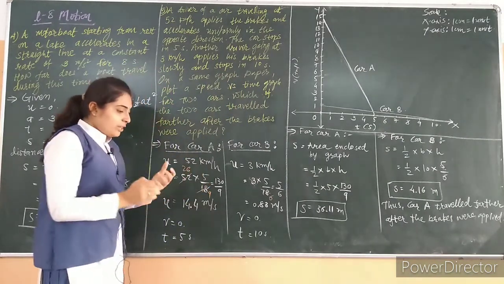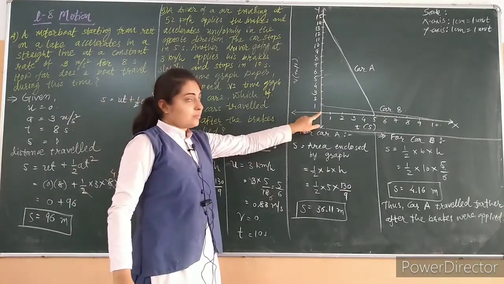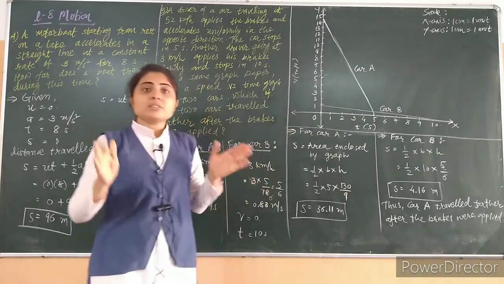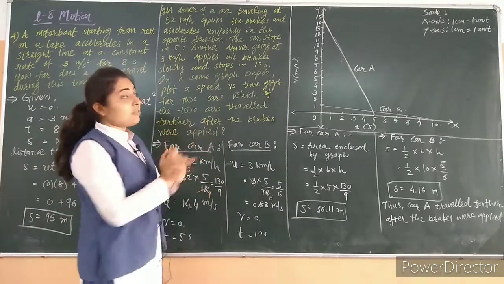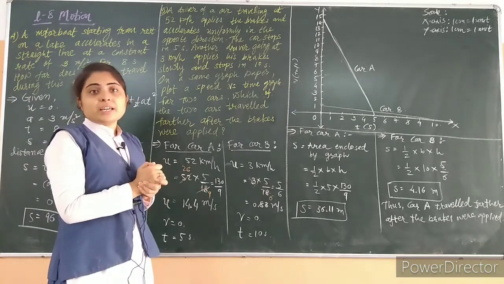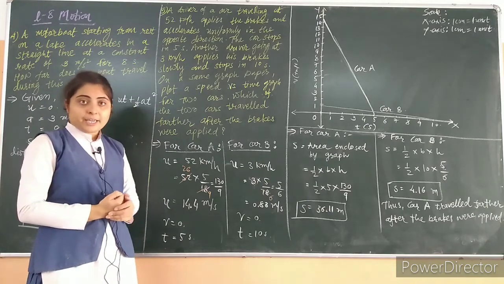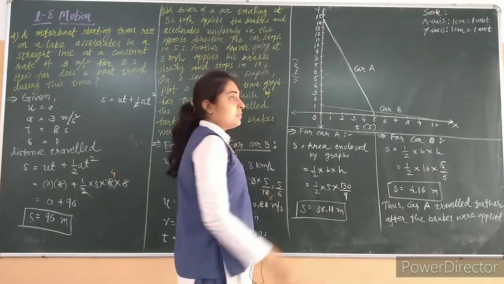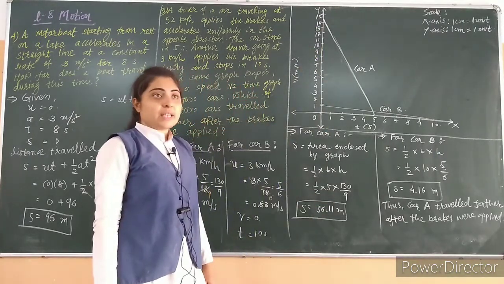Consider here, whenever the observation starts, at the initial point, t is equal to 0, the initial time, the time of observation. When the car was observed, it was initially traveling at 52 km per hour. That means 14.4 meter per second, car A. So at the initial time the car is at 14.4 meter per second.